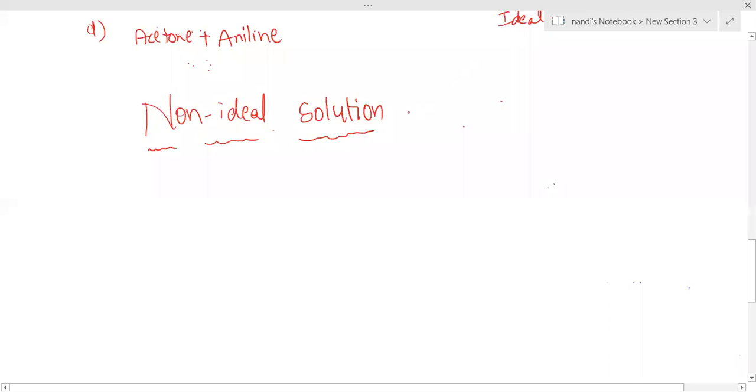These are the ones not obeying Raoult's law. Please write that point: the solution which does not obey Raoult's law is called a non-ideal solution.